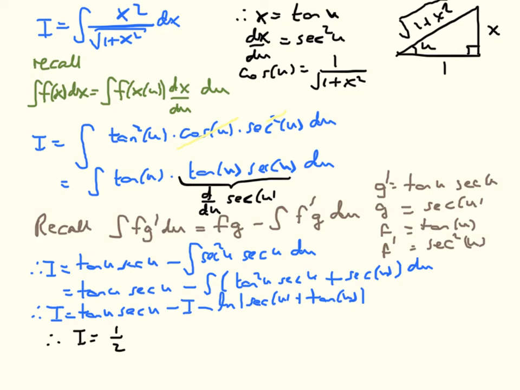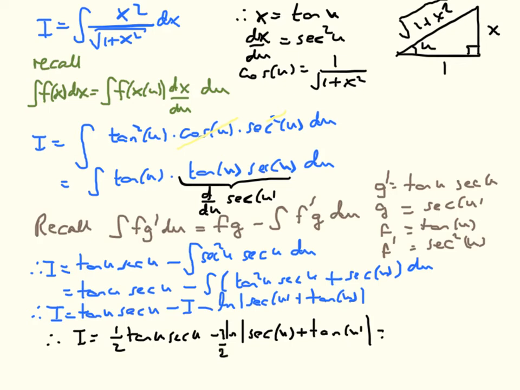I is 1/2 tan u sec u minus log mod sec u plus tan of u. And now, just looking back at our triangle, we recognise how to write these functions, and I'll also put in the factor of a half that should be here.